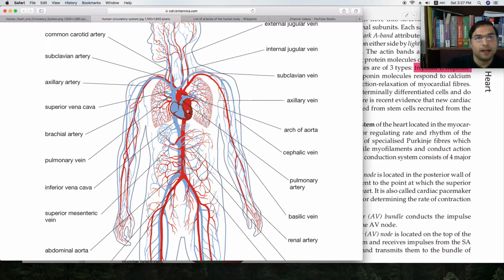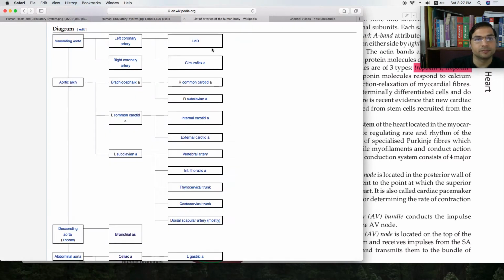Now let us be more specific and let us learn the major arteries of the cardiovascular system. So the first major blood vessel appears as soon as the left ventricle pumps the blood, right?